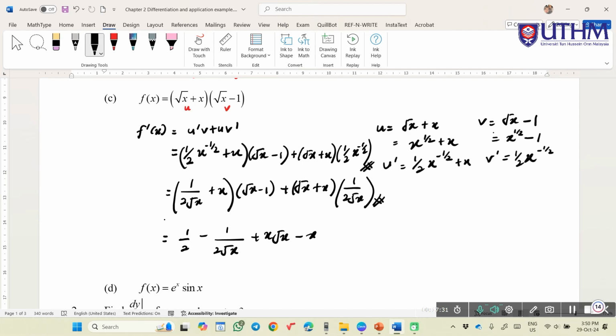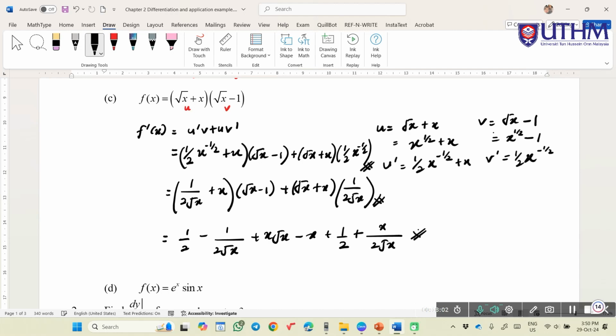So never mind, I will try. So this one is plus 1 over 2, right? Plus x divided by 2 square root x. Then you combine the terms. Combine 1 over 2 is 1 plus 1 over 2. This one will be 1 and so on.